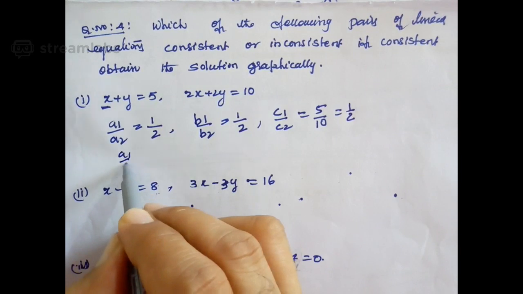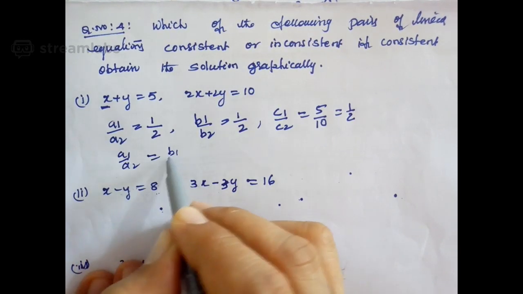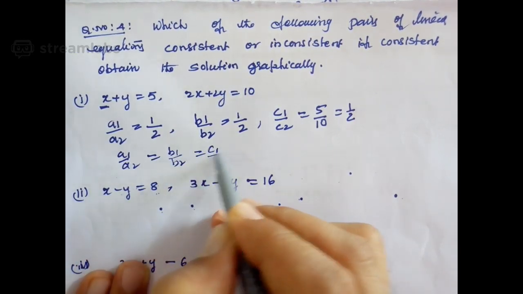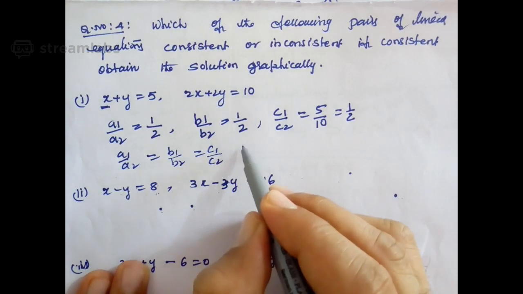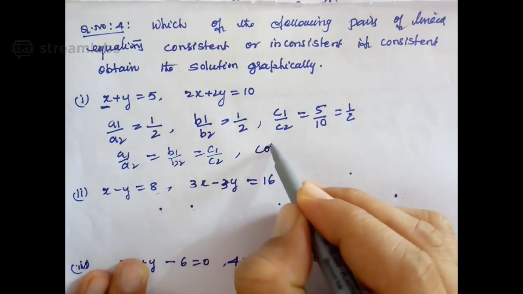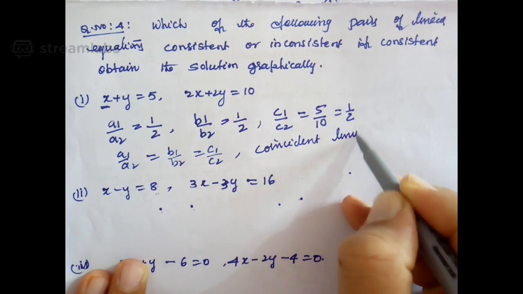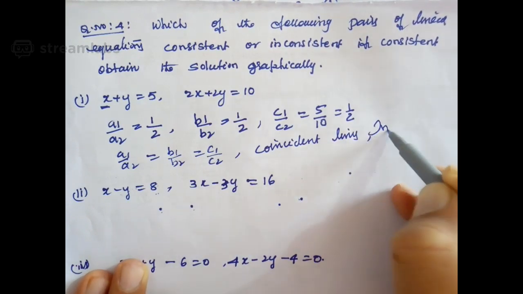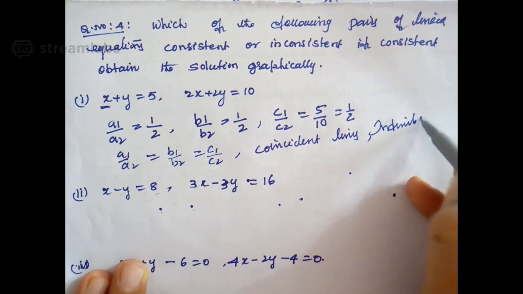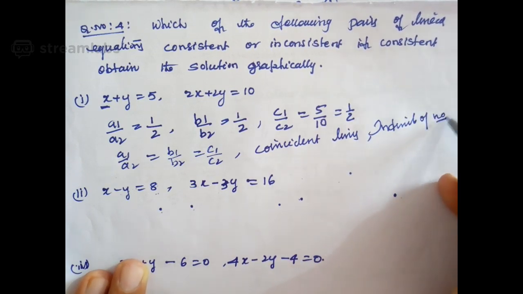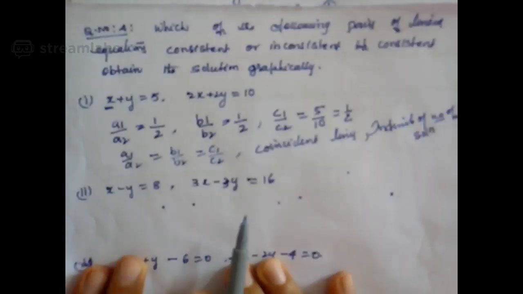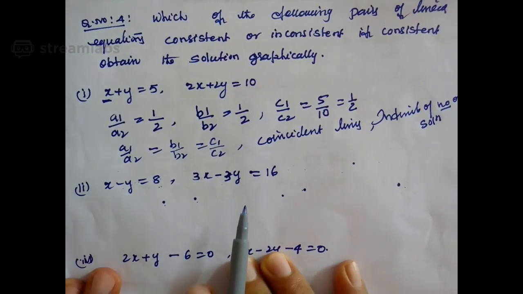Then a1 by a2 is equal to b1 by b2 is equal to c1 by c2, it is equal to half. Therefore they are what? Coincident lines, and it has infinite number of solutions.